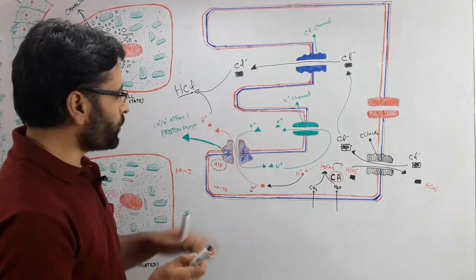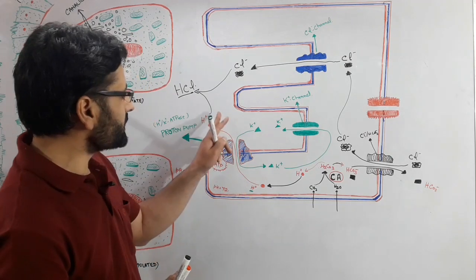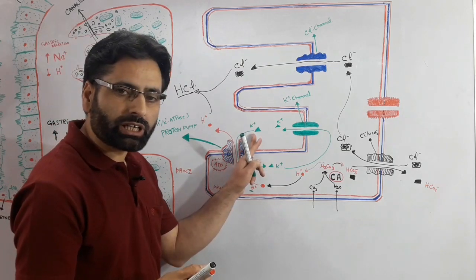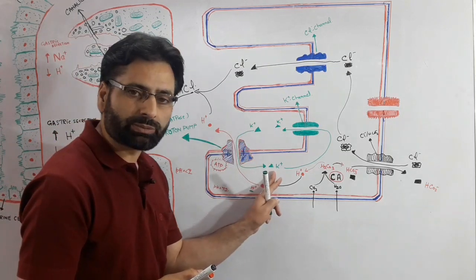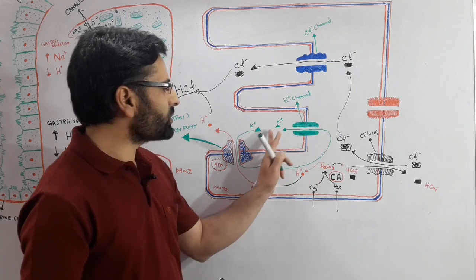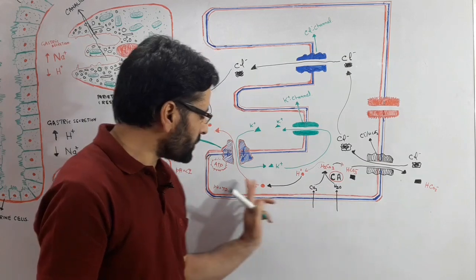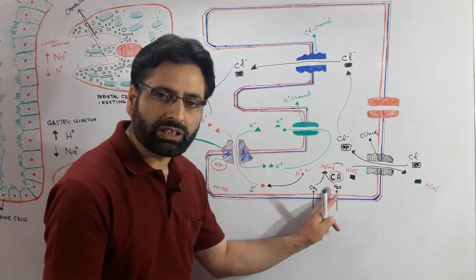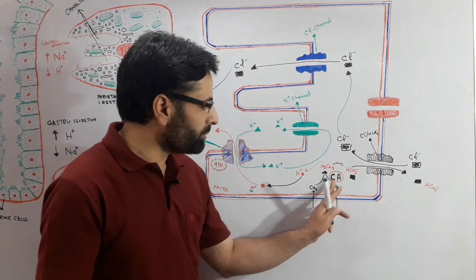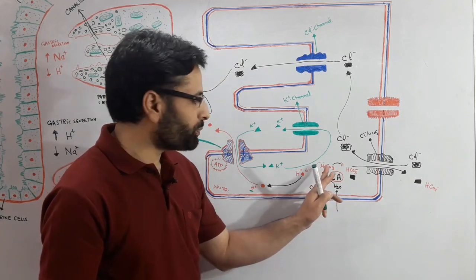We have this proton pump. It transfers one proton from the cytoplasmic side towards the luminal side, and simultaneously transfers one potassium ion from the luminal side towards the cytoplasmic side, and this potassium gets transferred back into the luminal side through these potassium channels. The source of the proton is the metabolic activity of the cell, the reaction between carbon dioxide and water through the mediation of carbonic anhydrase, forming carbonic acid.